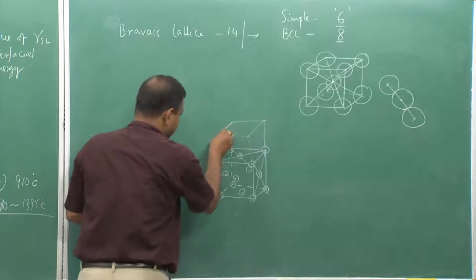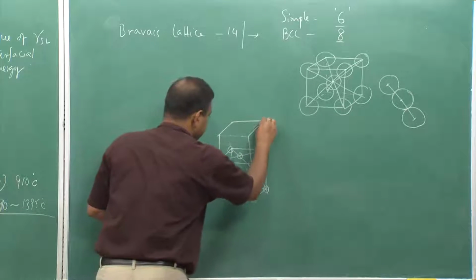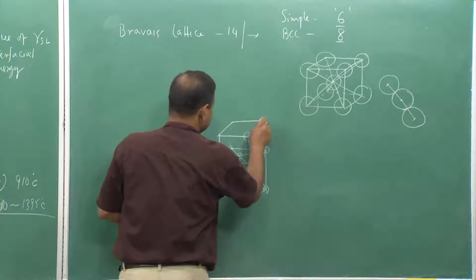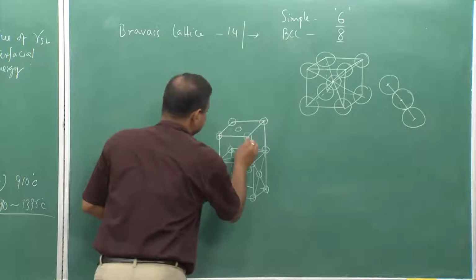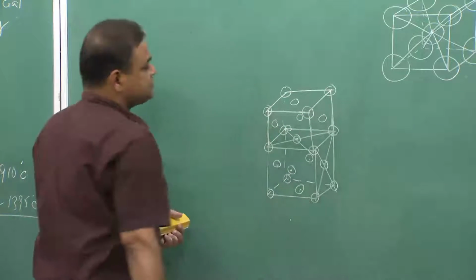So, this is one lattice, and if you put atoms, it becomes a crystal, and at the center points we have atoms.